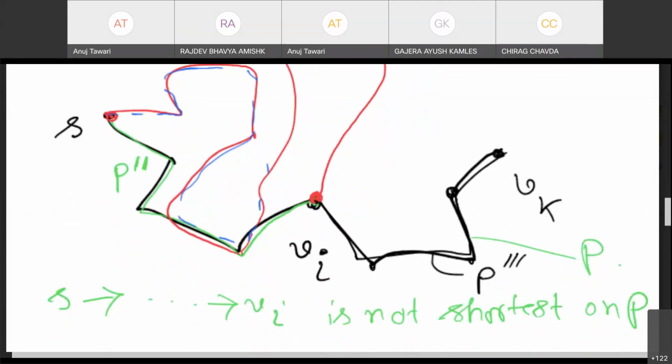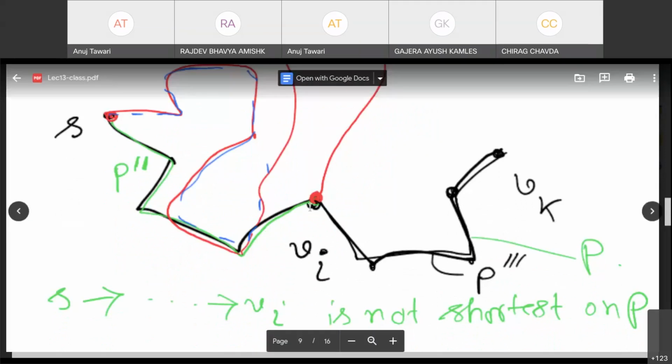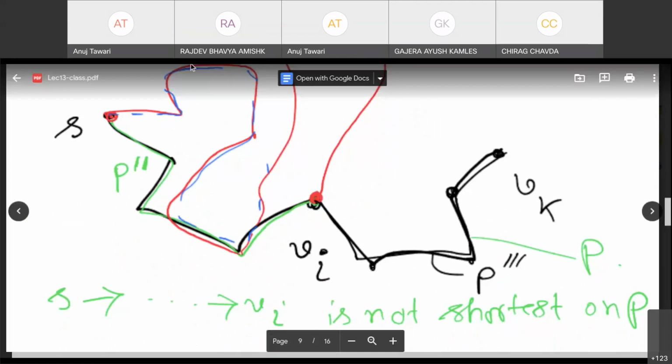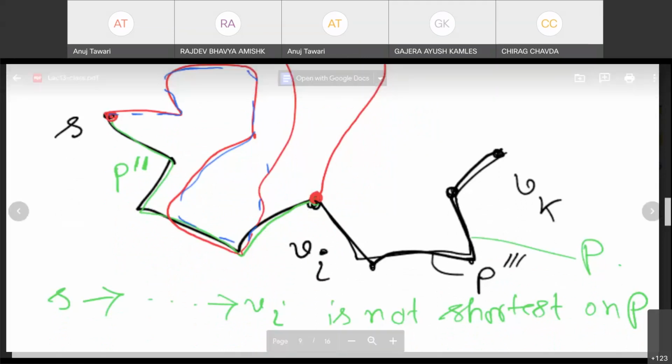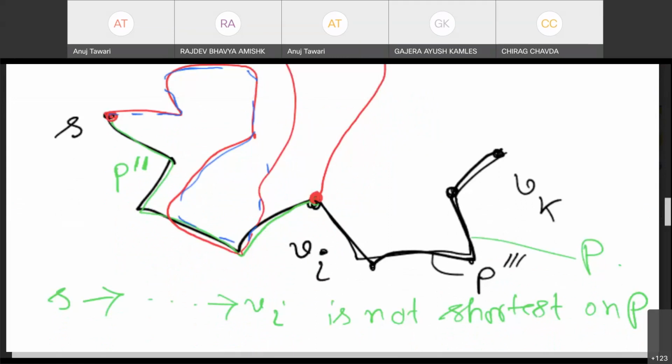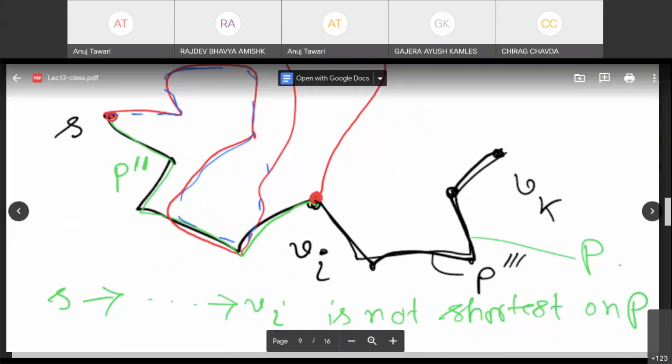And let's say that this S to Vi path is not the shortest. So there is some other shortest path from S to Vi. Then we will follow that path and then go from Vi to Vk. That will be a shortest path from S to Vk instead of going via this long route.